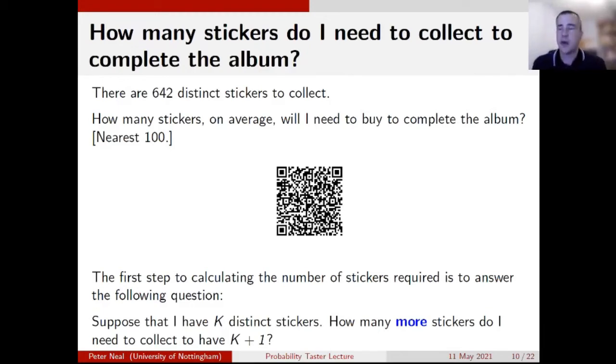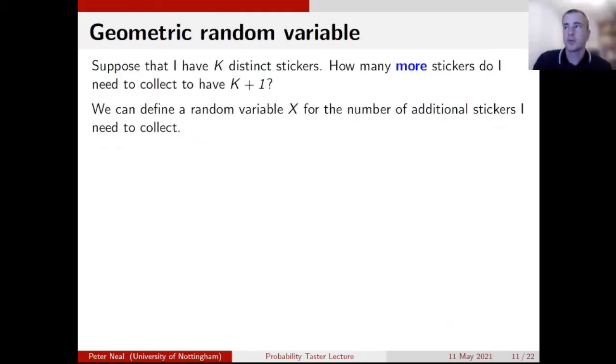So how do we go about answering this problem? The way we look at this is to say, suppose that I've already got k stickers. Let's say I've already got 100 stickers. How many more stickers do I need to collect to get to 101 different stickers? To answer that, I'm going to use something called a geometric random variable. A random variable is just a quantity which is random and is going to take values.